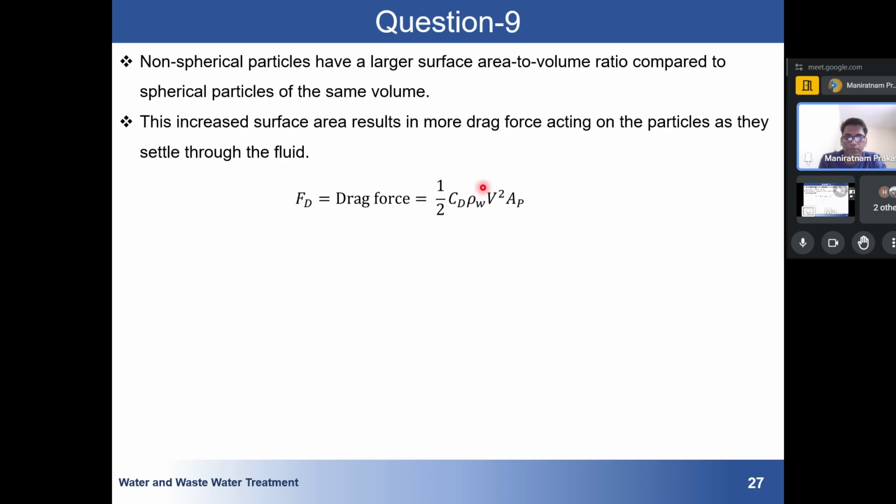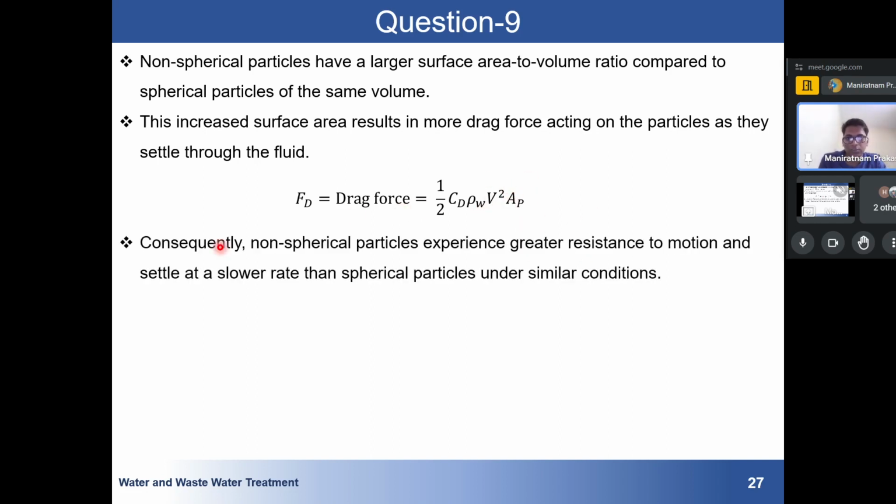So this drag force will be very high for non-spherical suspended particles, because you have changed AP. Consequently, a non-spherical particle experiences greater resistance to motion and settles at a lower rate than spherical particles under similar conditions.